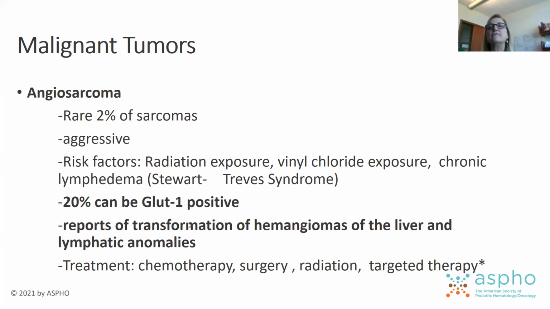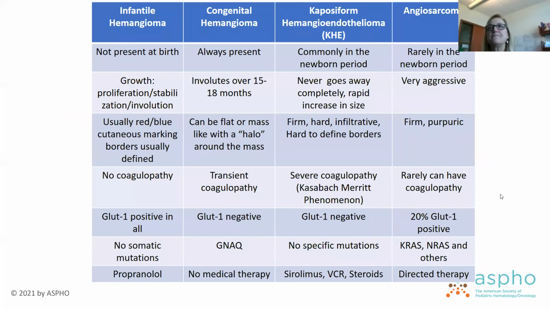There have been some reports of the transformation of infantile hemangiomas of the liver and other lymphatic anomalies into a more aggressive phenotype, so into angiosarcomas. So I think you need to just know that angiosarcomas are a childhood vascular tumor that is very aggressive, and I think you need to know that 20% of them can be GLUT1 positive.